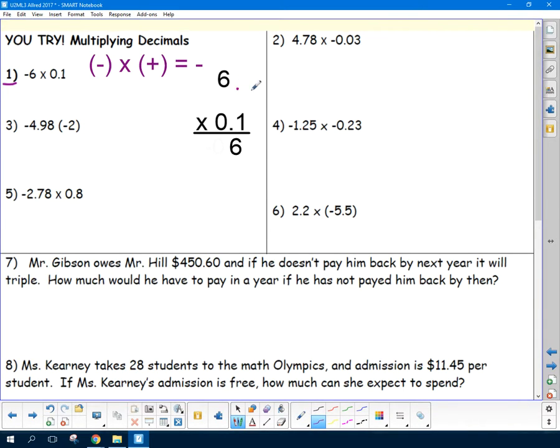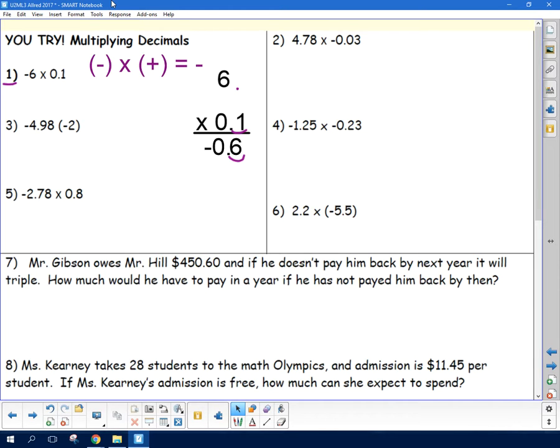There's none here. There's nothing behind the decimal point, and there's 1 here. So in my final answer, I'm going to move 1 decimal place to the left in the product, and we said a negative times a positive was a negative. So my final answer is -6/10.